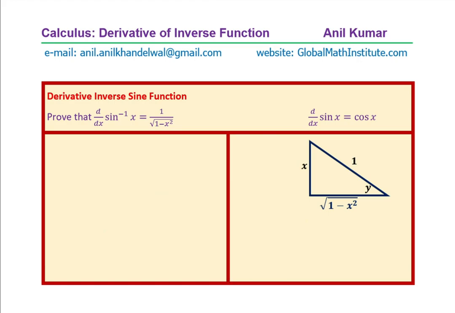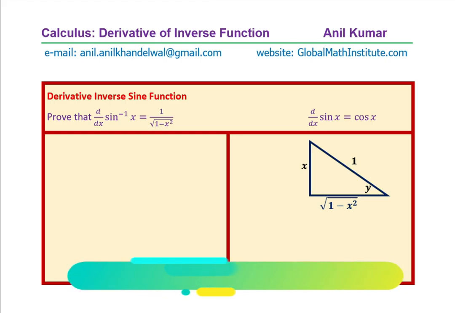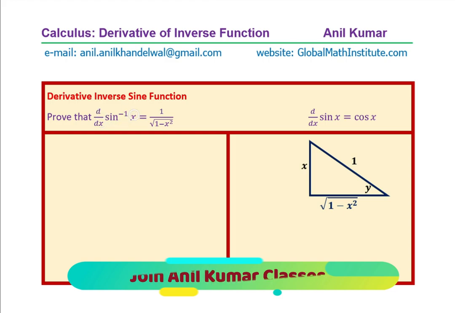Now, let us begin with our differentiation rules and figure out how we prove that the derivative of sine inverse x is indeed 1 over the square root of 1 minus x squared. To prove this, let us say y is equal to sine inverse x.